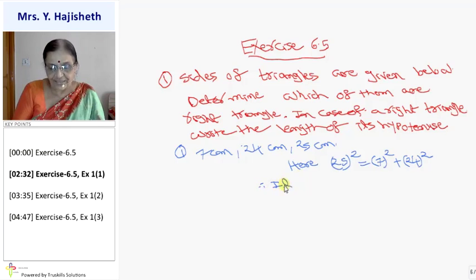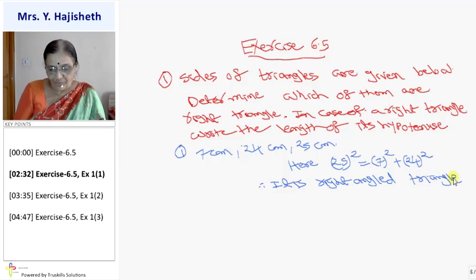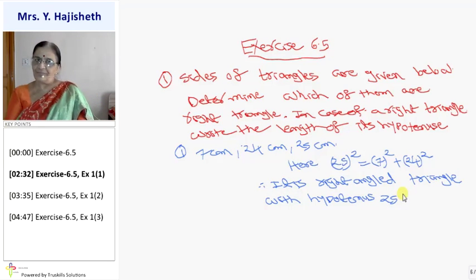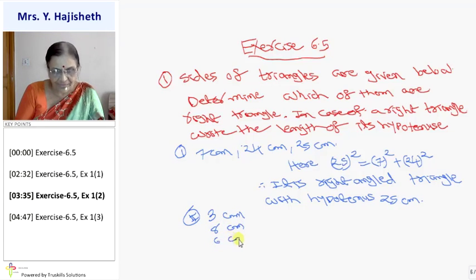Therefore it is a right angle triangle. These three sides form a right angle triangle. What is the hypotenuse? The greatest side, 25 centimeter. Clear?